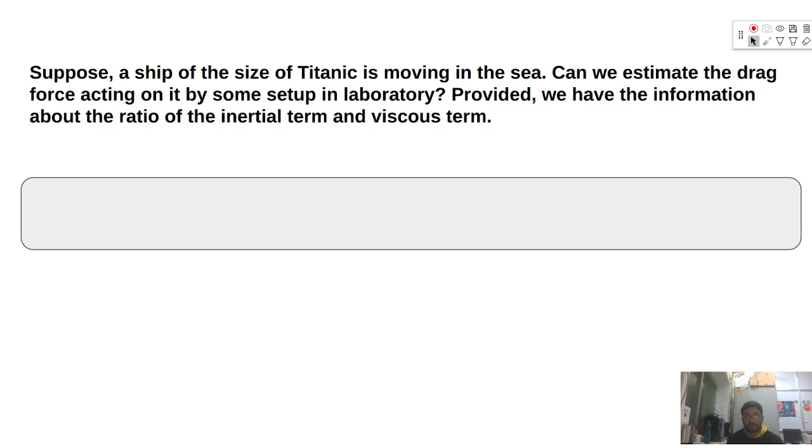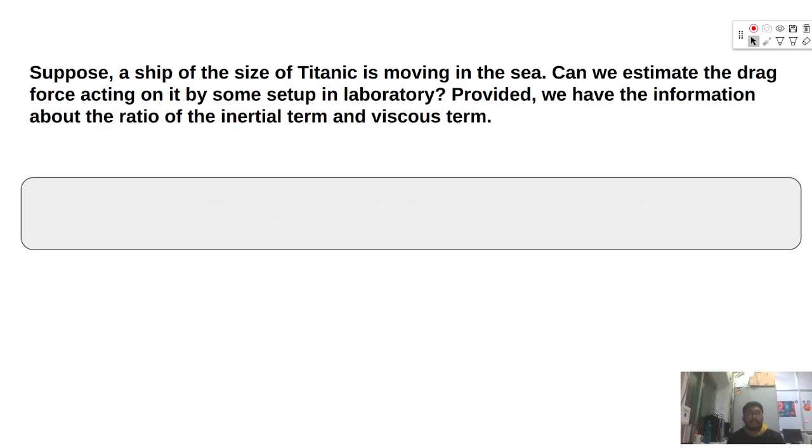So Sumit, can you answer it? Yes, as long as the ratio, that is the Reynolds number, of the inertial term and viscous term in both setups is the same, then all the behavior of the miniature version of the ship will be the same as the large ship.